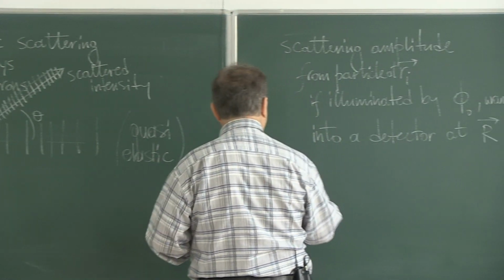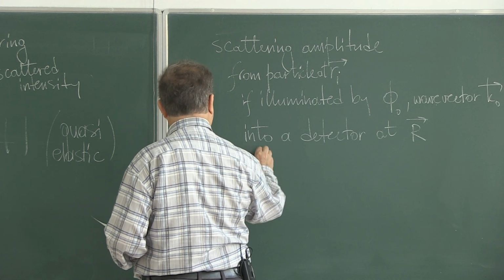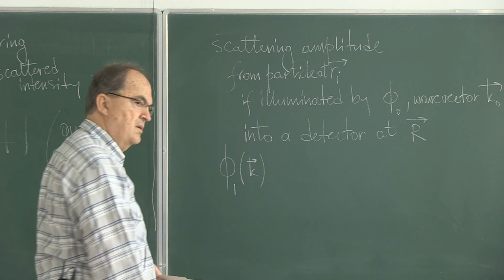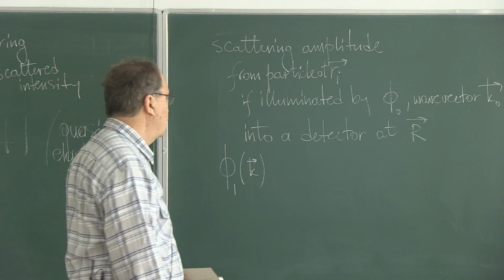We write this scattering amplitude as phi 1 of k. k is the wave vector. I'll tell you why the wave vector comes in.